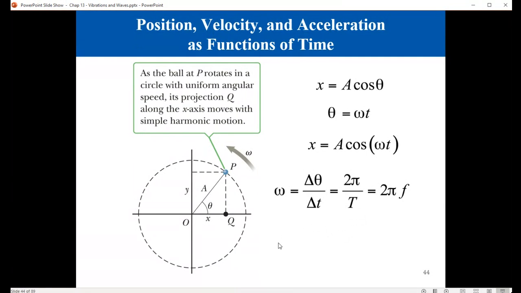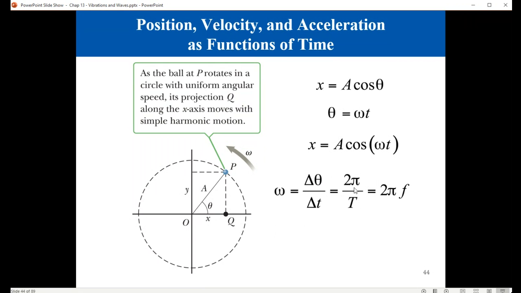And omega is equal to the change in the angle divided by the change in time. This is the angular frequency. And this is equal to 2 pi over T, because each cycle has 2 pi radians, and the elapsed time is 1 period.